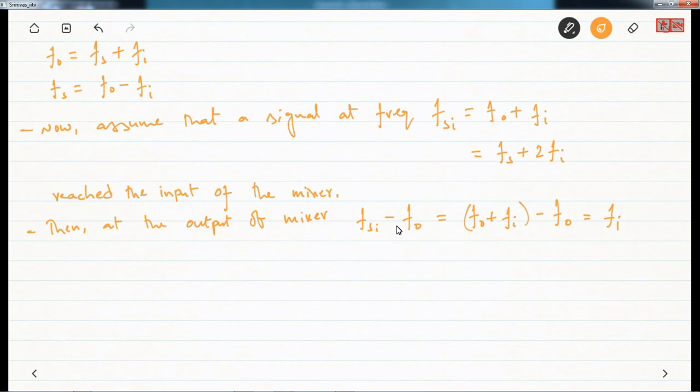Such a phenomenon happens, and this frequency Fsi is called the image frequency. When we tune to a signal Fs, we are also able to listen to a signal which is Fs plus 2Fi, and this new signal Fsi is called the image frequency.